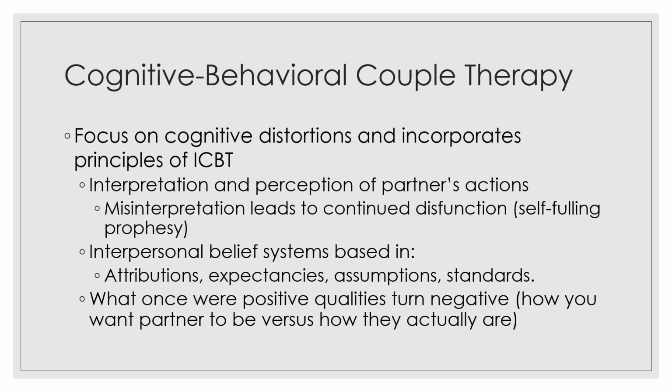So oftentimes what we see is the things that we originally loved about our partner start to turn into negative thoughts or negative beliefs about our partner. So the concept of how you want your partner to be versus how they actually are.